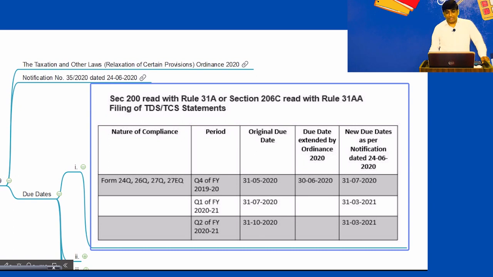But for quarter 1 of financial year 2021, original due date was 31st of July. Now it gets extended to 31st of March 2021. Same for quarter 2, 31st of October 2020 was the original due date. It stands extended to 31st of March 2021.